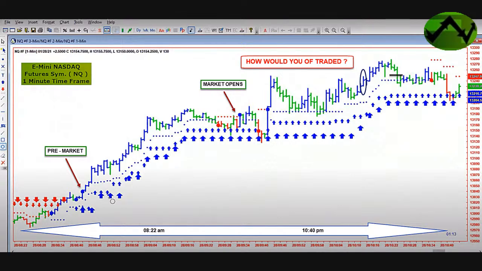So what would I be looking for to trade this? I'm looking for either buying or selling stair steps, and that's my own terminology I'm throwing in there. Because you see the big blue dot, that's a buy signal.